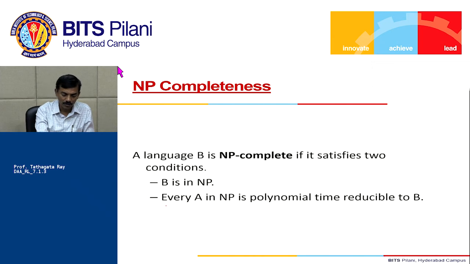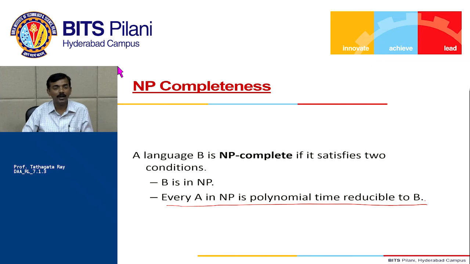So every problem A in this class NP is polynomial time reducible to B. I can reduce it in polynomial time to this problem B. And if I can do that, I will say this particular problem B is NP complete.